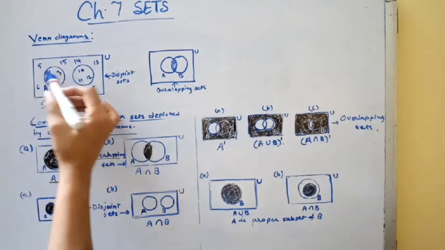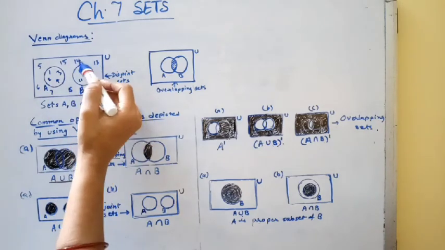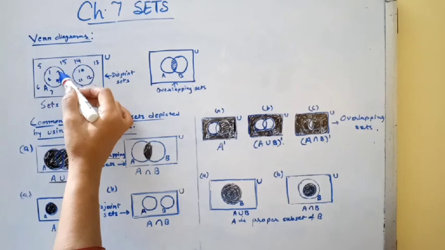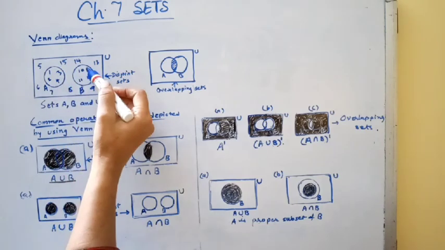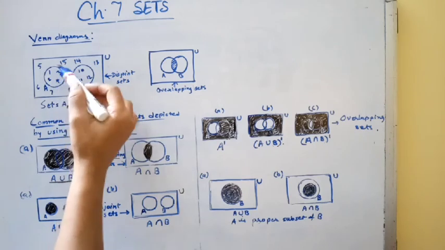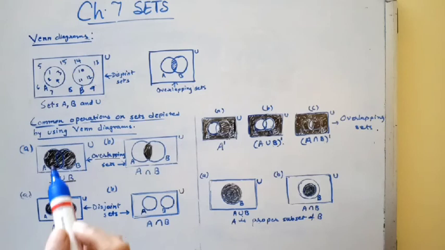Notice that the numbers 5, 6, 7, 8, 9, 13, 14 and 15, which belong to neither A nor B, are shown in the area outside these two circles but within the rectangle.